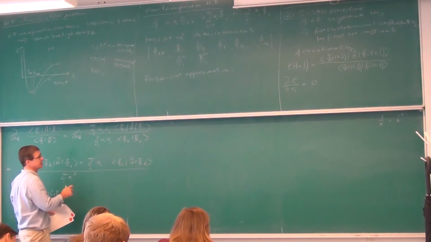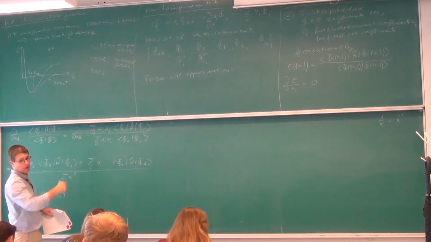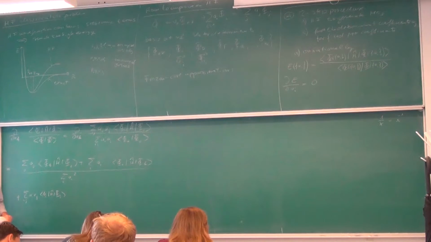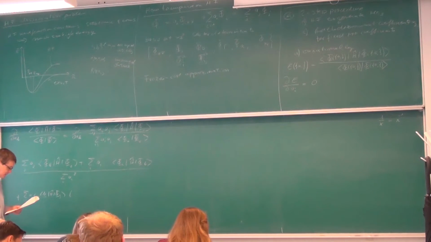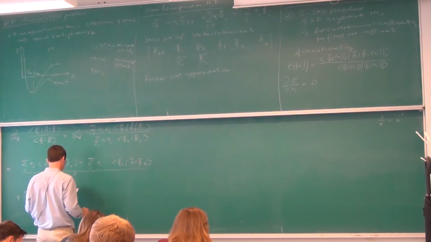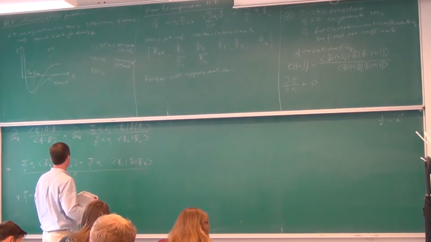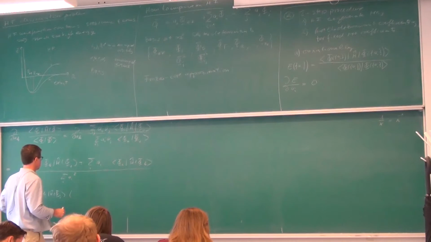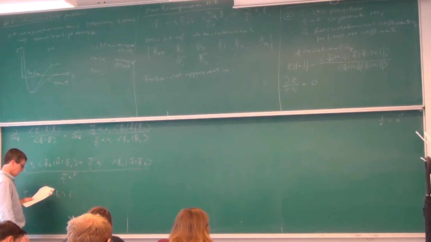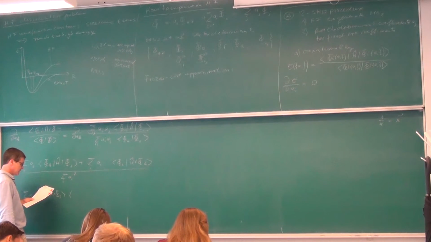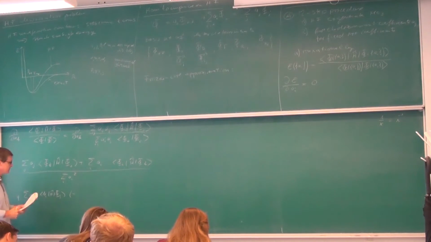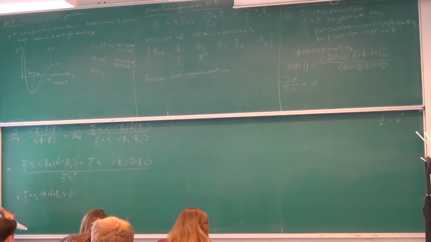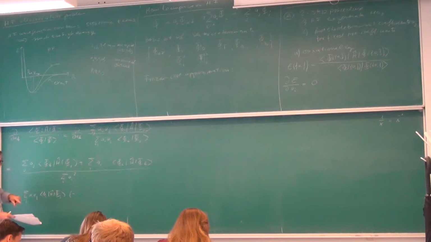And then, as I have minus 1, taking that down, if I take the derivative, I'm going to get a minus sign because it's in the denominator.